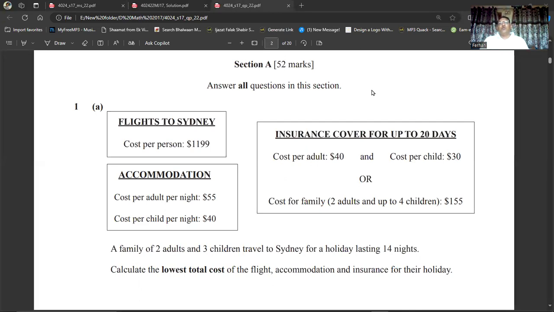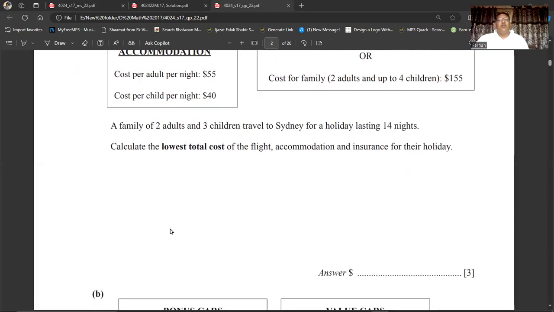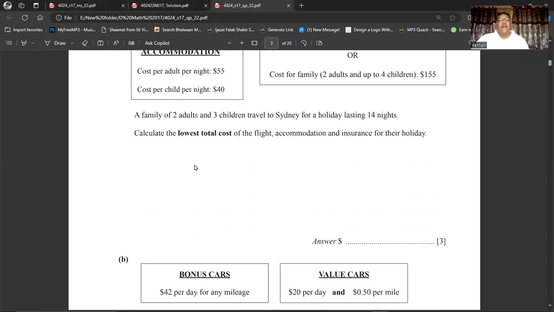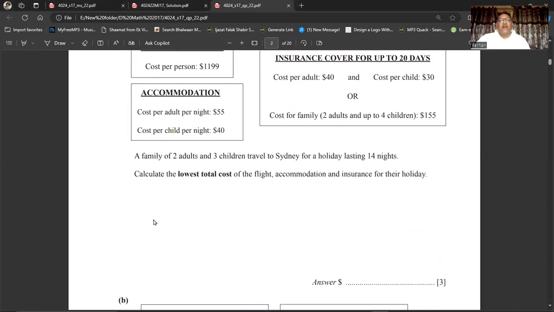Here we have two options. Another option for insurance is a cost for the family, 2 adults and up to 4 children, of $155. A family of 2 adults and 3 children travel to Sydney for a holiday lasting 14 nights.